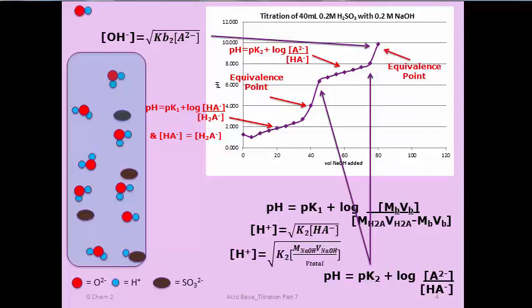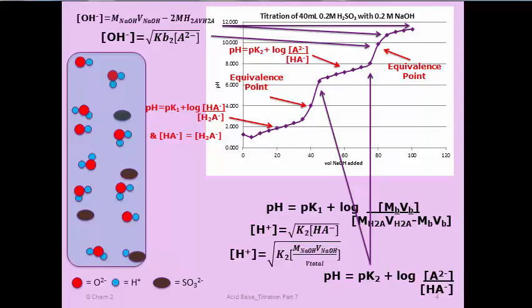Beyond that, any hydroxide that's added is going to be running the show. It's going to be more significant than the small amount of hydroxide created from the sulfite that's still sitting around in the water. So from now on, you're basically just using the concentration of base from hydroxide added.